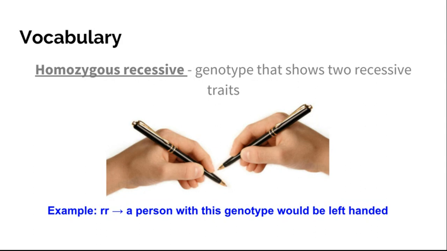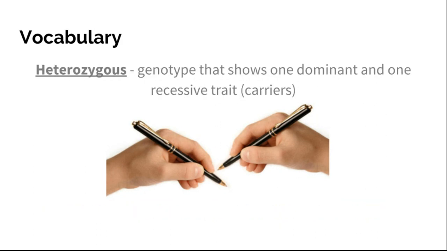Then there's one in between, heterozygous. This is a mixture. Just like heterogeneous in Science 10, Science 8, means visible parts, a mixture of stuff. That's the same idea here. This has both one dominant allele and one recessive allele, or one dominant trait and one recessive trait.